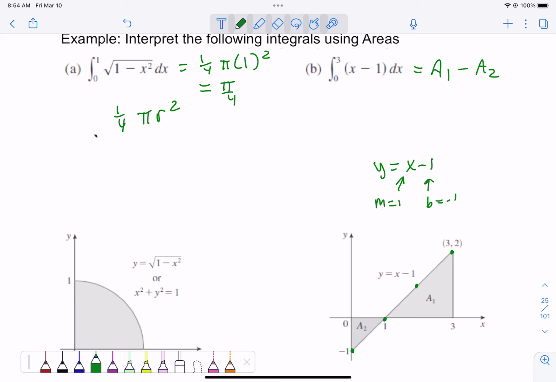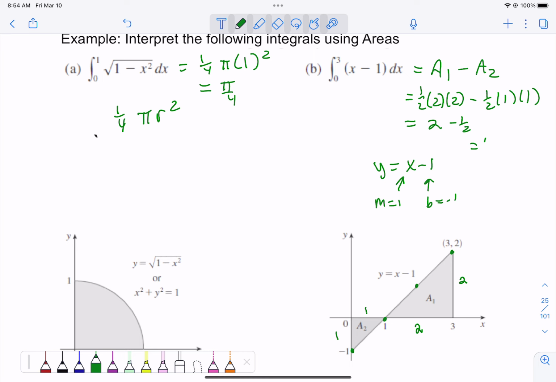So if we look at area 1, that bigger triangle that's on top, the base is 2, the height is 2, so it's 1/2 base times height. The triangle created in area 2 goes from 0 to 1. So its base is 1, its height is 1, so that's 1/2 times 1 times 1. So the area of our upper triangle is 1/2 of 4 or 2. The lower one has an area of 1/2.